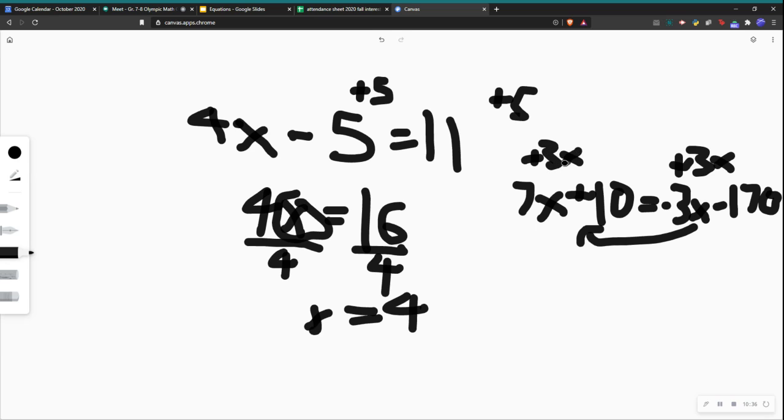Then you have to move this constant, plus 10, to the right side, and you can just show this in one step. That's perfectly fine. I've seen that in schools, and they give you marks for that. To move the plus 10 to the right side, you just subtract 10 on both sides.